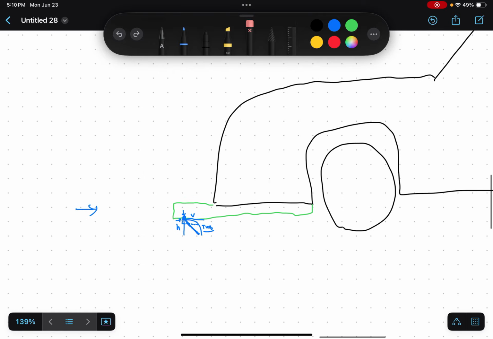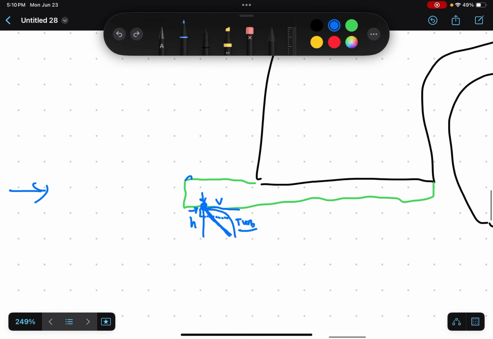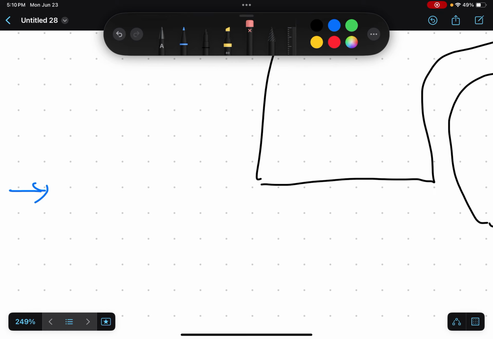So instead of having sharp edges that cause delamination and turbulence, which causes higher drag, I should erase that. You want a nice airfoil shape. It doesn't have to be an airfoil.